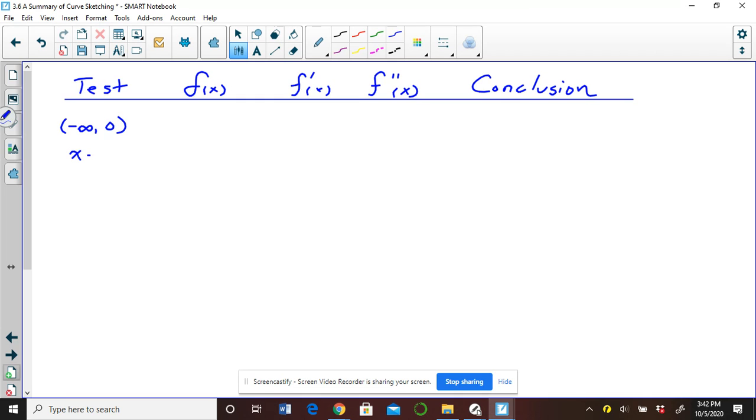At 0, we do need to test that. Then we'll go from 0 to 1, and 1 is a possible point of inflection, so we do need to test x equals 1. 1 to 8, we need to test x equals 8, and then we're going to run from 8 to infinity.